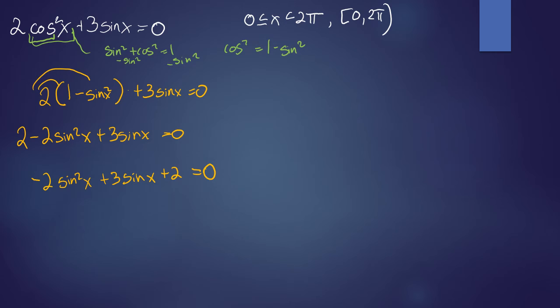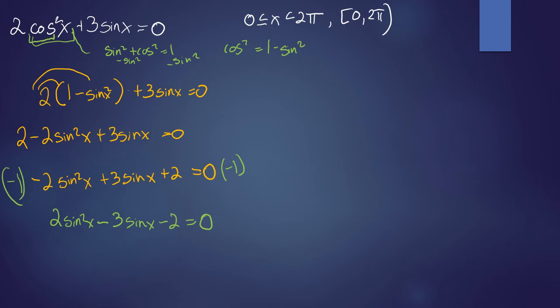From this, it gets a lot easier to factor, especially if we do a little trick here. Because with factoring with a negative out front, it can be kind of difficult. But if we multiply each side by -1, we're keeping that equation balanced. And our result is 2 sine squared x minus 3 sine x minus 2 equals 0.